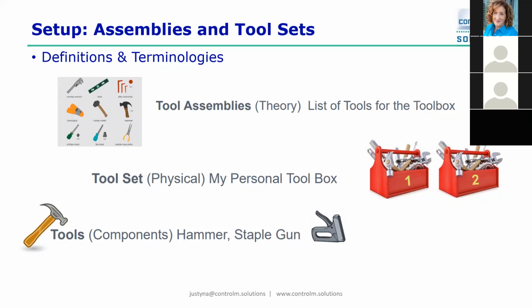They define which tools are required to run at a part operation. Think of that as your drawing. Tool sets. A tool set is simply a predetermined list of actual tools taken from inventory that can be moved, loaded, or maintained. And finally, tools. Tools are individual tools or components that are required to run production.